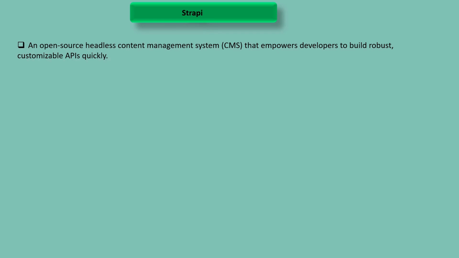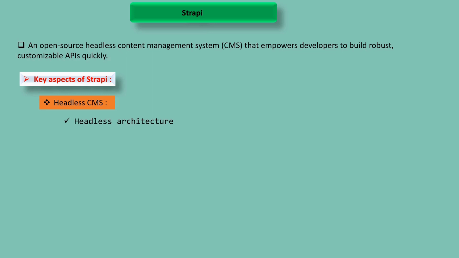Strapi. An open-source headless content management system (CMS) that empowers developers to build robust, customizable APIs quickly. Key aspects of Strapi. Headless CMS. Strapi follows a headless architecture, separating the back-end, content management, from the front-end, presentation layer.